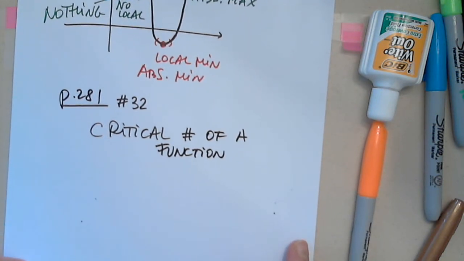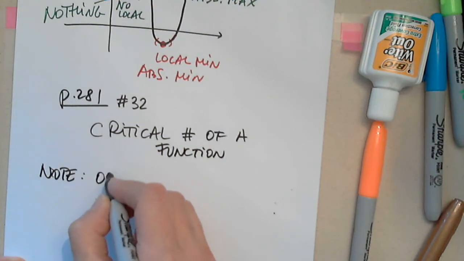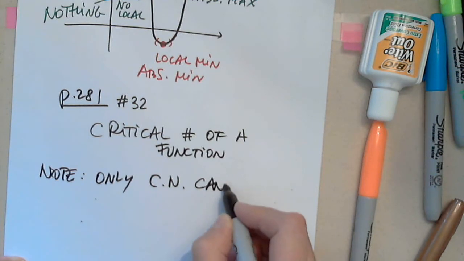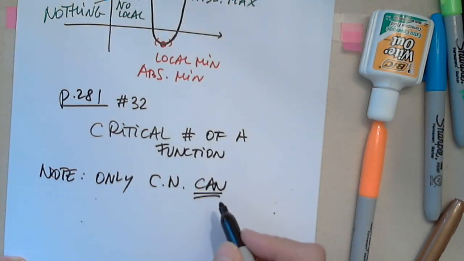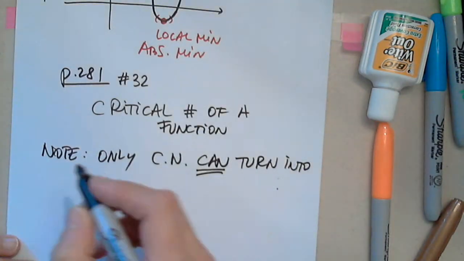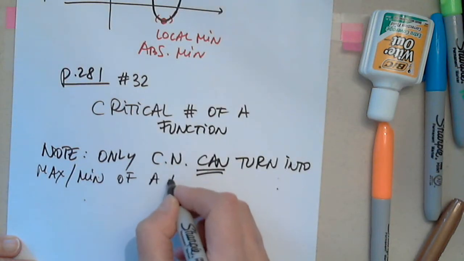Why are critical numbers important? Note, only critical numbers can turn into a max-min of a function.